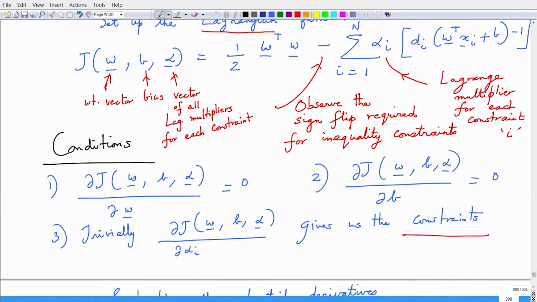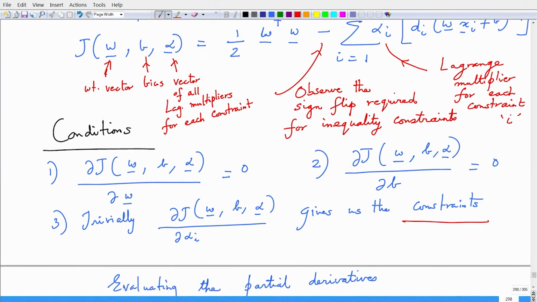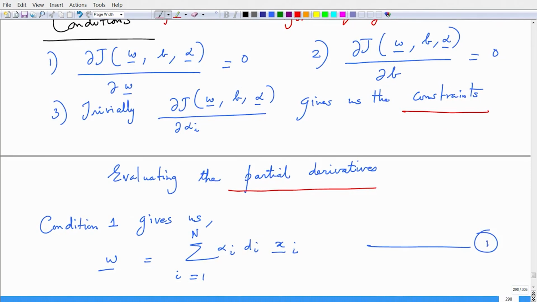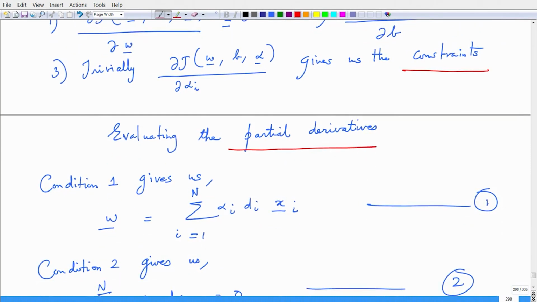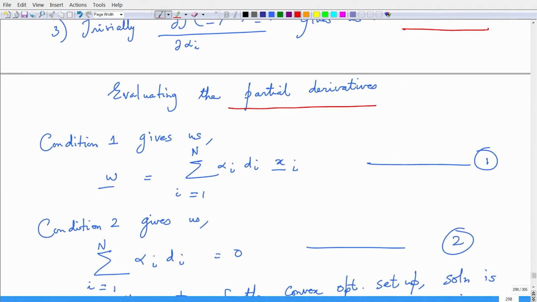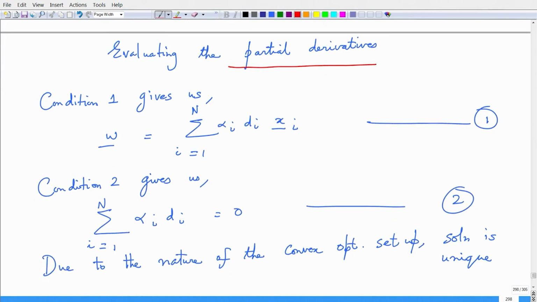You can do simple matrix differentiation with respect to a vector, following the rules of matrix calculus. W turns out to be the summation i equals 1 to capital N of alpha i di times the vector xi. That is equation 1.